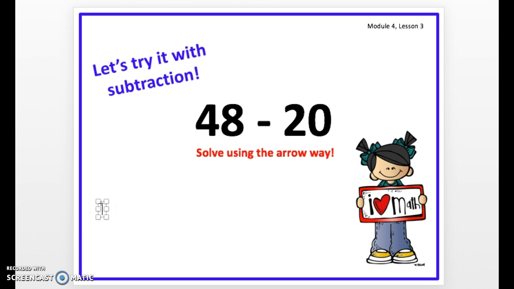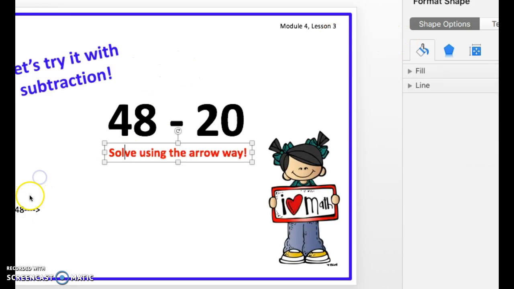Well, we would write 48. And then we would draw our arrow. And above it, we're going to be taking away some numbers. What number are we going to be taking away? That's right, we're going to be taking away 10.